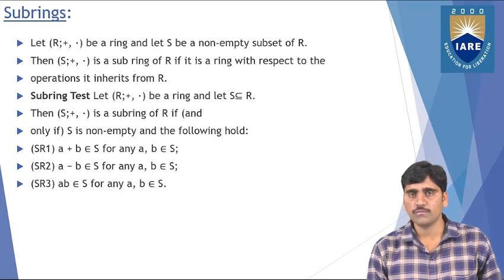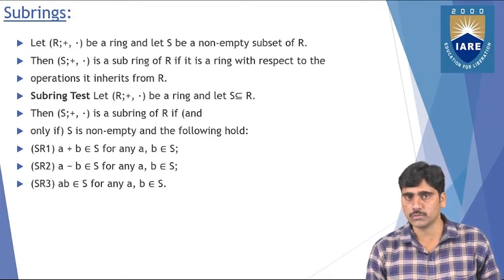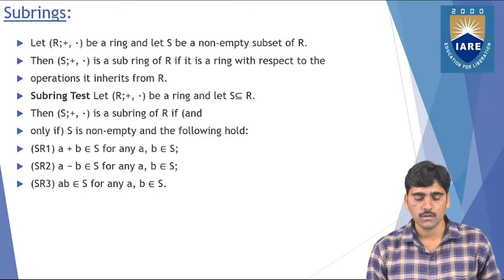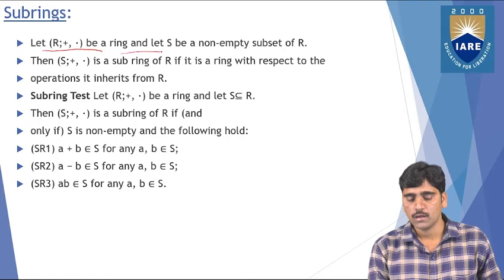Already we said that a group can have a number of elements, and a subgroup can also have elements belonging to the group. Whatever properties the group satisfies, the subgroup may satisfy as well. In the same way, rings and subrings follow that form. So subrings: let R plus dot be a ring, and let S be a non-empty subset.